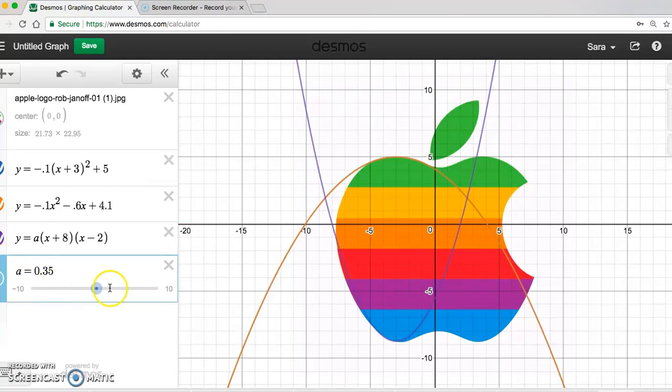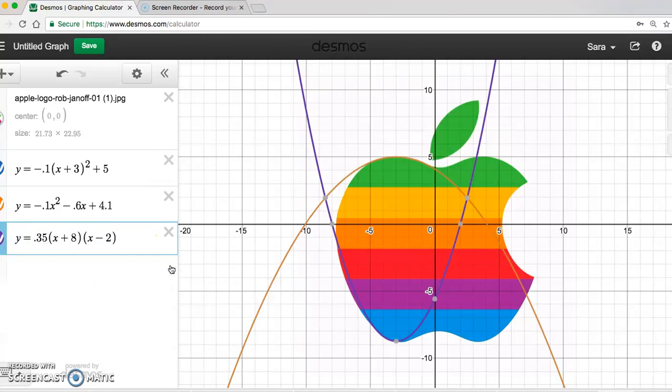All right, now I've got a parabola that is pretty close to that. So again, I'm going to go in and type my A value here. So now I've got one in intercept form. Now it's wider, it is opening up, so that's good.